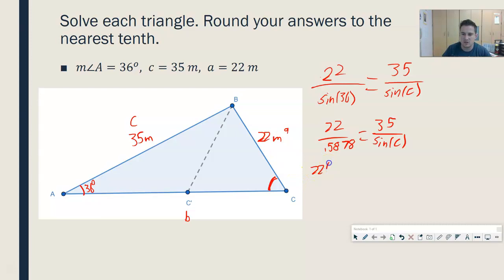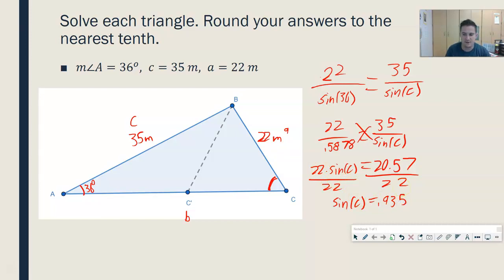So 22 times the sine of C when I cross multiply is equal to 35 times 0.5878, which is 20.57. I'm going to go ahead and divide by 22. I'll get sine of C is equal to 0.935.